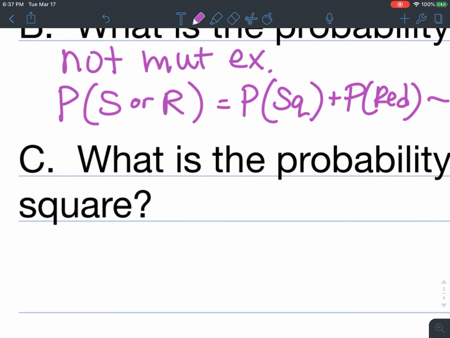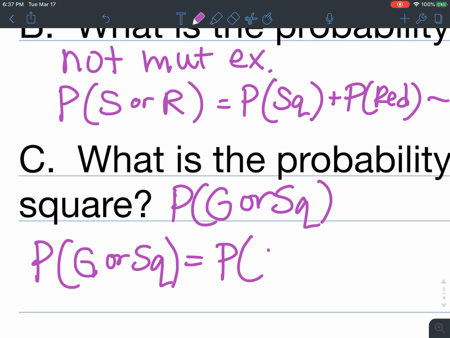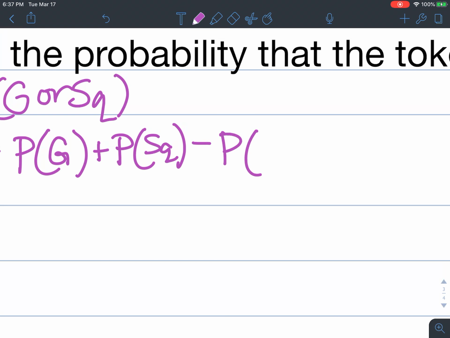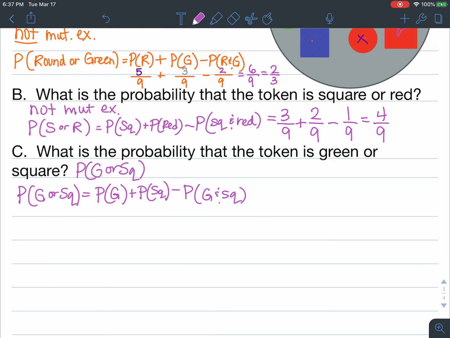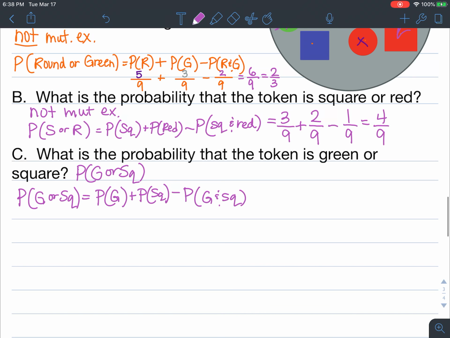Okay, last one. What is the probability that the token is green or square? So the probability of being green or square is the probability of being green plus the probability of being square minus the probability of being green square.